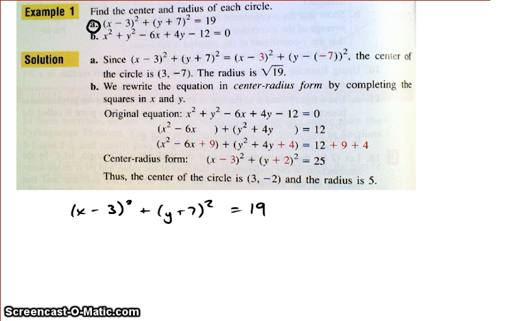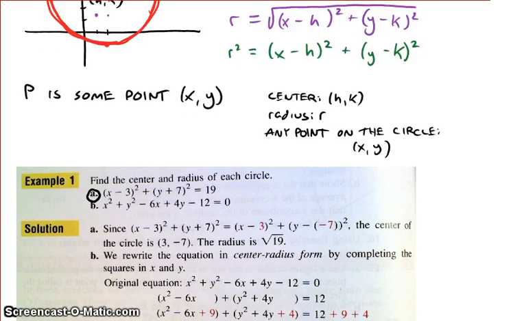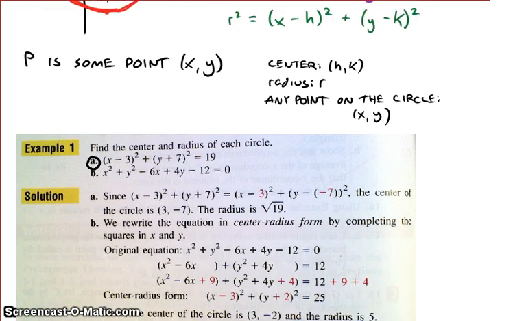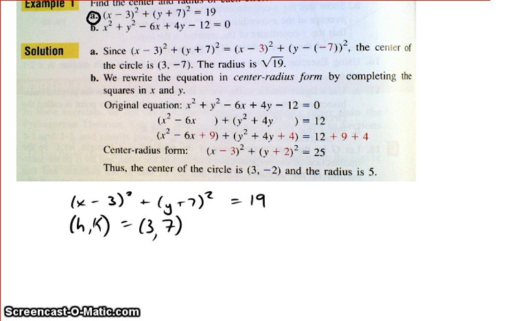In this problem, h and k are equal to 3 and 7. That represents the center of the circle. And the 19 in that equation isn't r. The 19 is r squared. So r is the square root of 19.